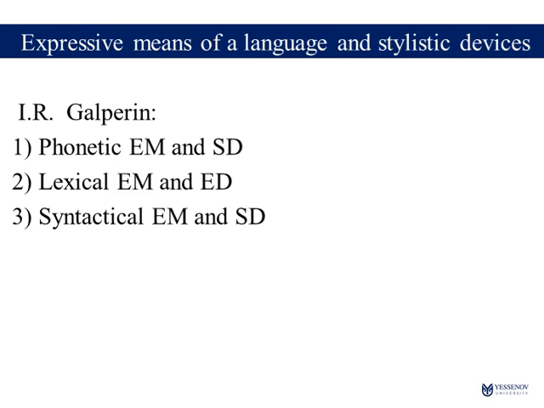His manual Stylistics includes the following subdivision of expressive means and stylistic devices based on the level-oriented approach: phonetic expressive means and stylistic devices, lexical expressive means and stylistic devices, syntactical expressive means and stylistic devices.